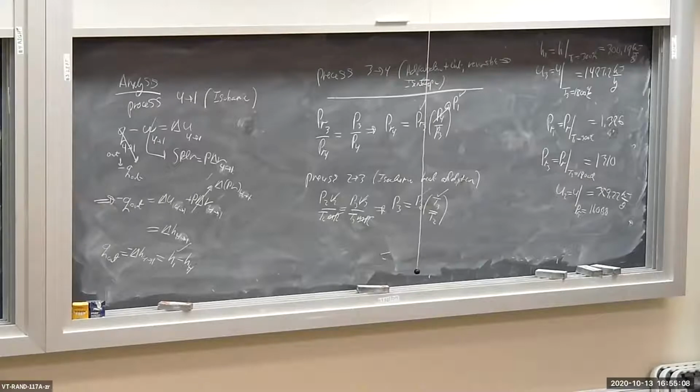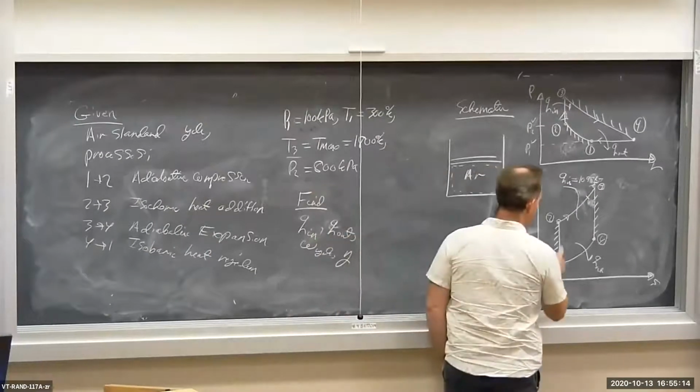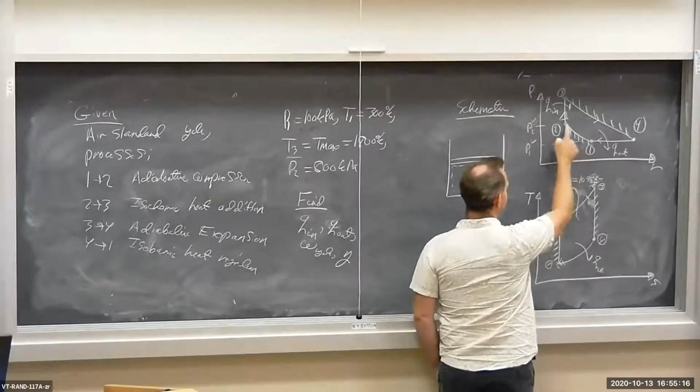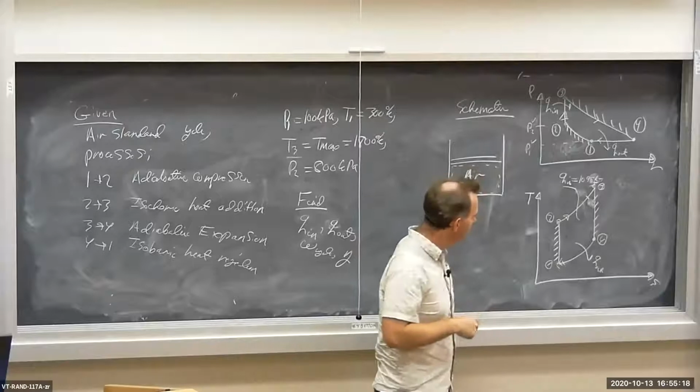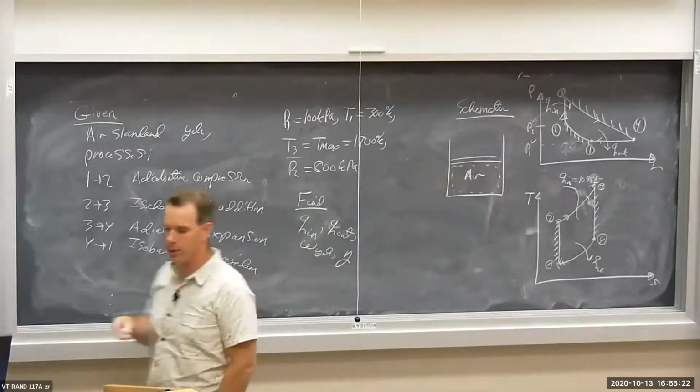Remember our whole analysis to get Qn? 1 to 2 is isentropic because it's adiabatic and internally reversible. So I can get T2.